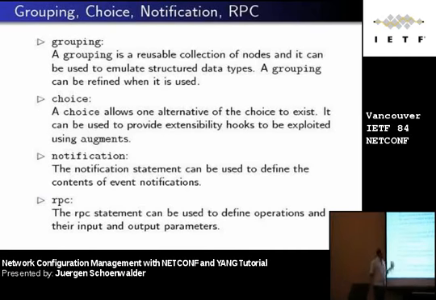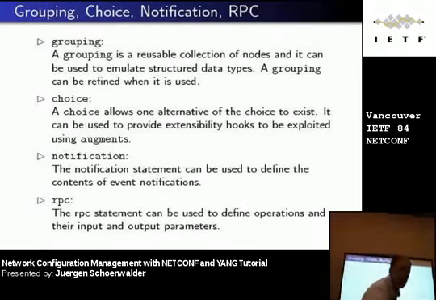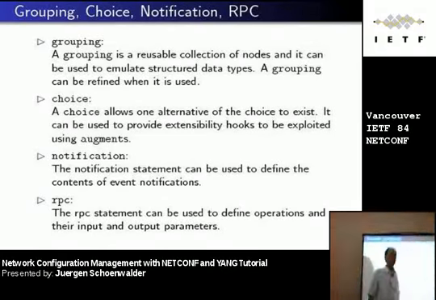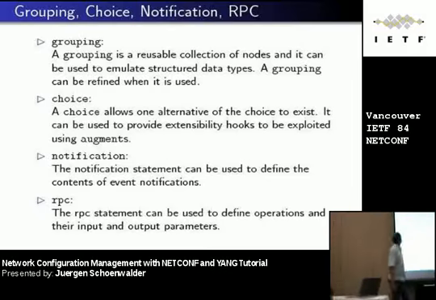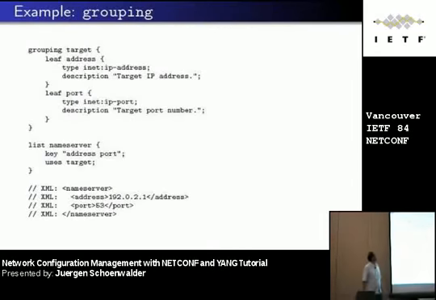Notifications can be defined in YANG, and I think I have a sample for this as well. Here's the grouping. I define a new grouping called target, which consists of an IP address and a port number. I can now change my definition of a main server and say, well, I really want a main server which is just using this combination.